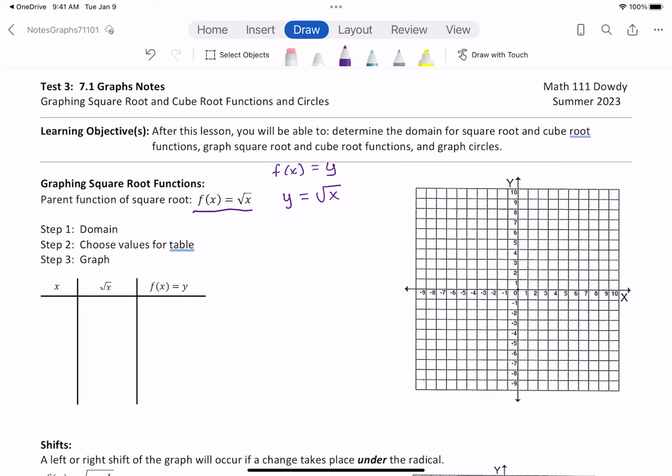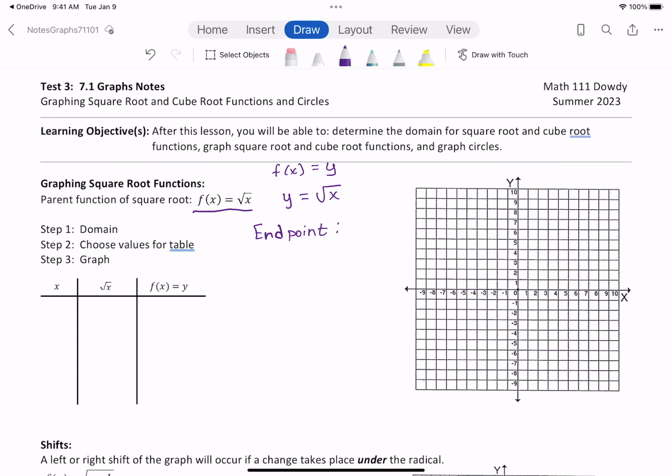With the square root function, there is a definite endpoint. So in order to graph it, we need to determine the endpoint, and the easiest way to do that is to find the domain. So remember, the domain is the set of all x values that we can plug in to this function square root of x and get out a valid answer.